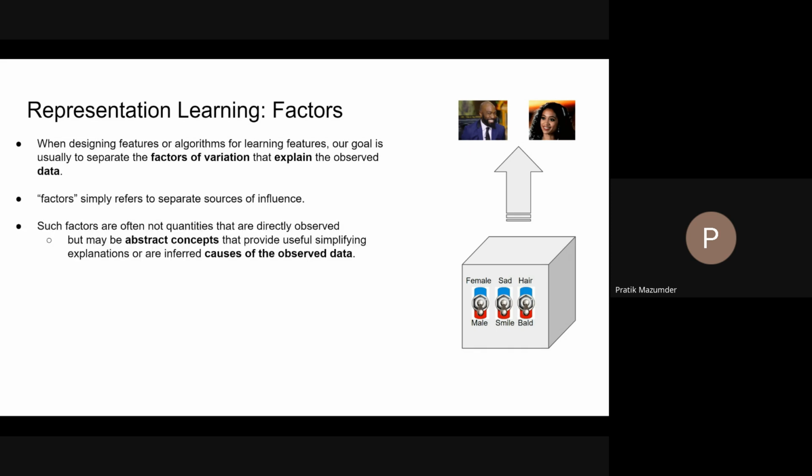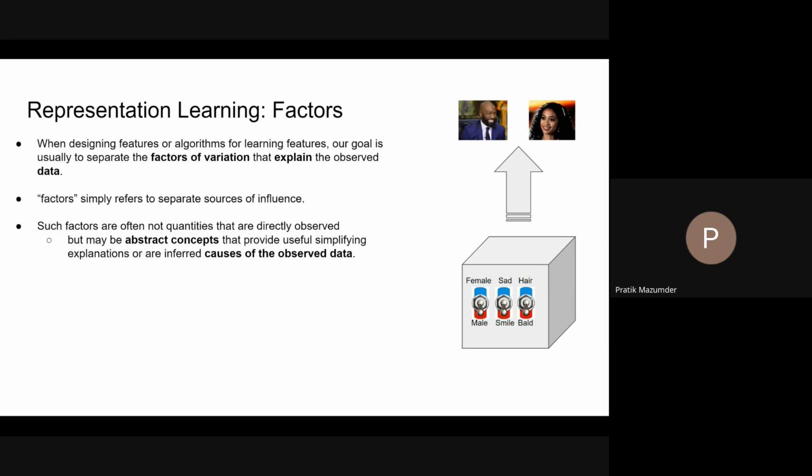So these kinds of factors are generally abstract concepts. In the case of smiling and other things, as a human being, you can identify these factors in a given image. But for a computer, it's not always easy to understand what is happening in an image directly. Smiling is maybe easier to identify.